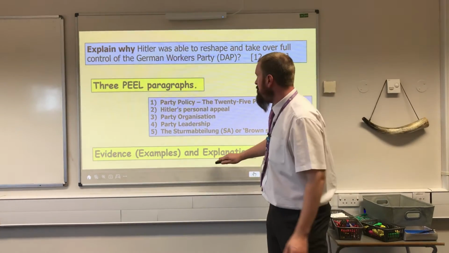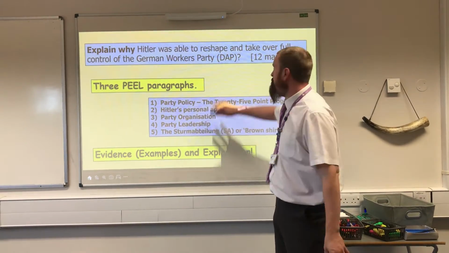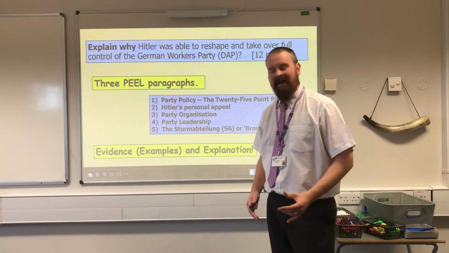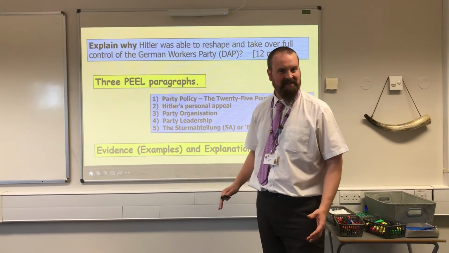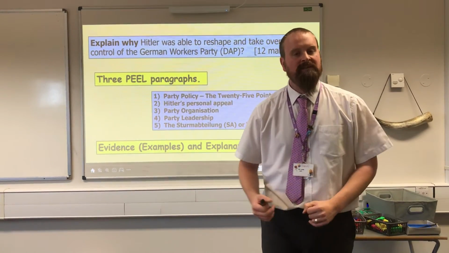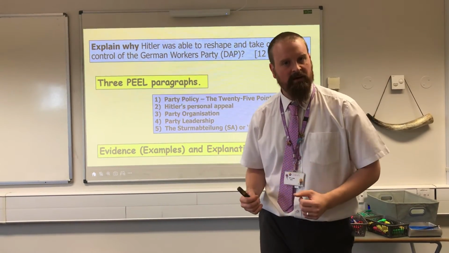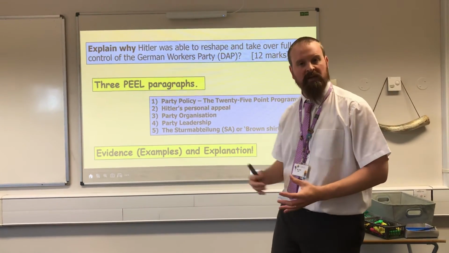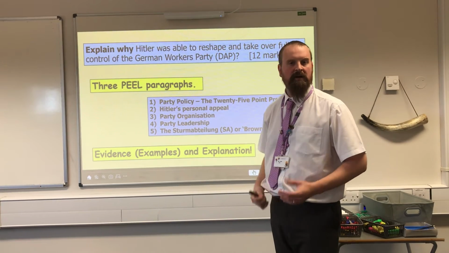But you need to explain, why does that give Hitler the power to reshape and take over full control? Remember, Hitler is putting his own ideas into this. So you would need to say something like, this meant that Hitler was able to bring his own ideas into the party and shape where the party was going in the future, therefore giving him more control over the party.